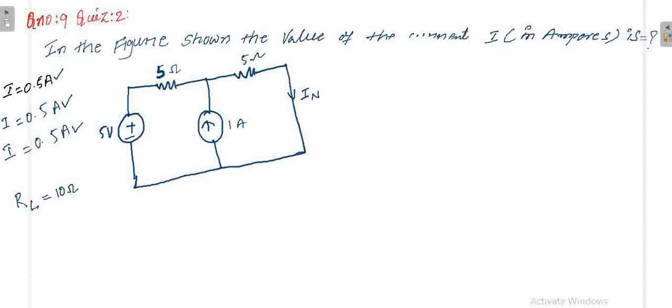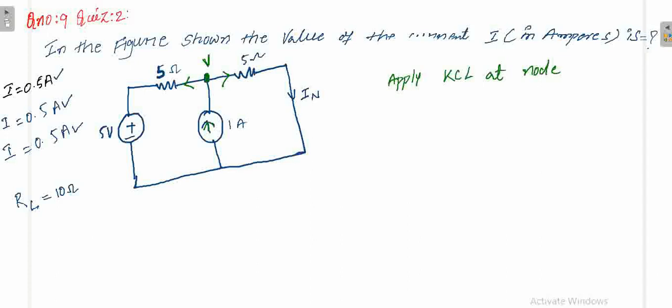Let us assume here the voltage is V, and let us consider this is an outgoing current, this is an outgoing current, but in this branch they have given already it is incoming. Apply KCL at this node.